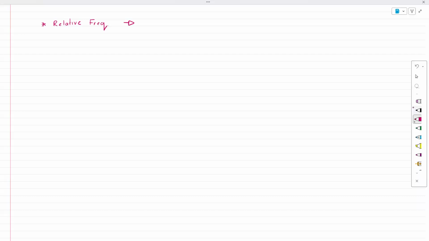Now, what that means is the relative frequency is if I had dice, right? 1, 2, 3, 4, 5, and 6. I'd like you to understand that if I roll this dice, let's say 20 times. So we're rolling it 20 times.